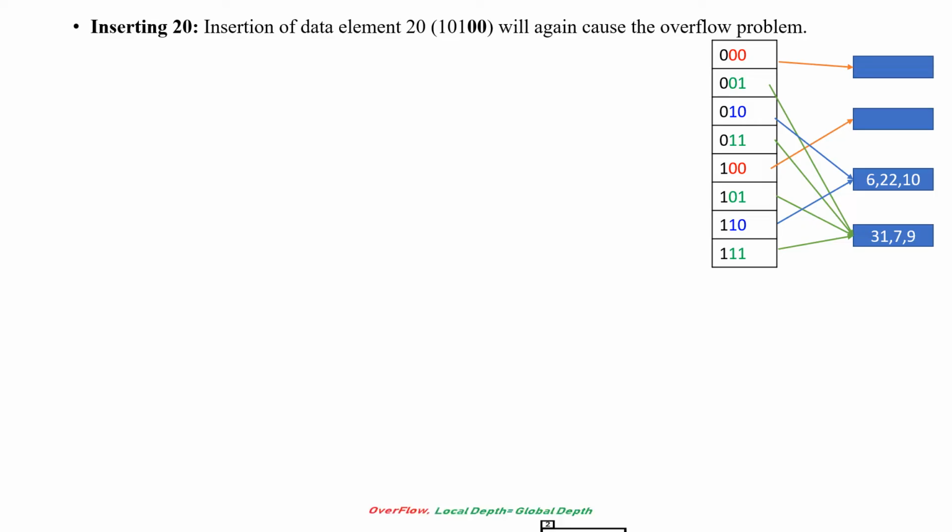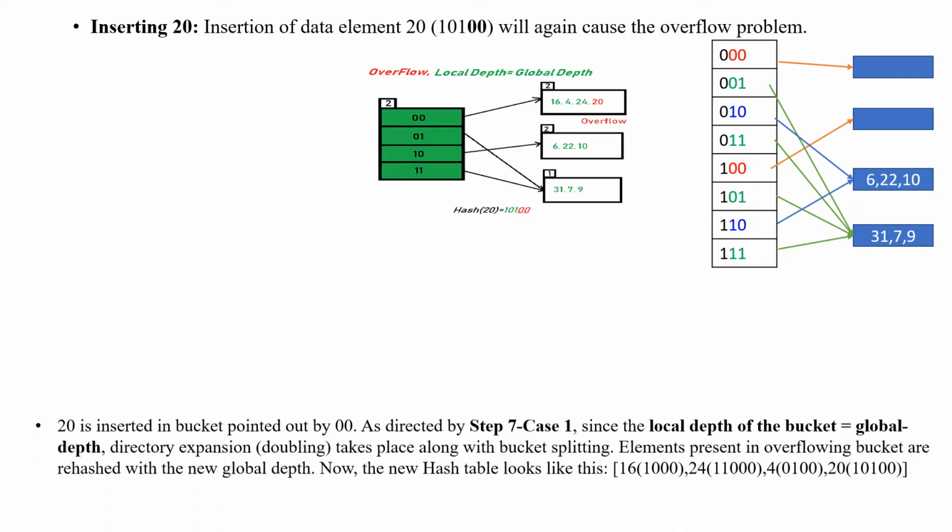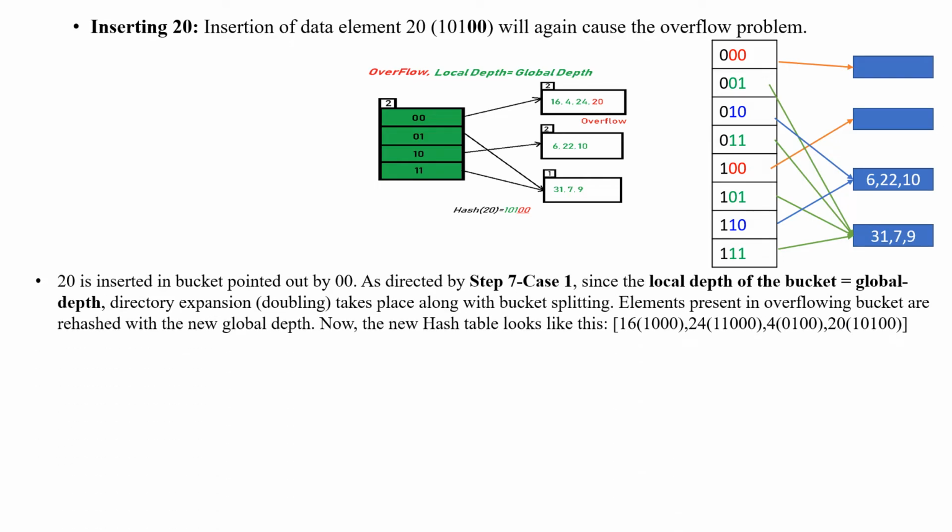Now I am going to store 20. What is my global depth? My global depth is 2. Again take the 2 LSB bits, and you will store it in the directory whose ID is 00.